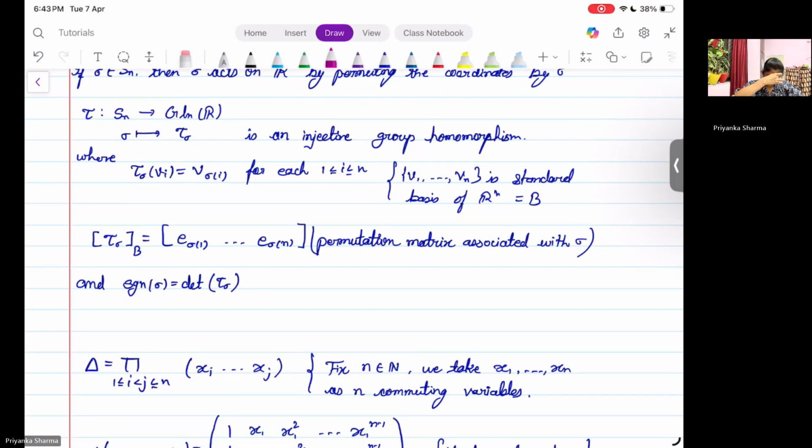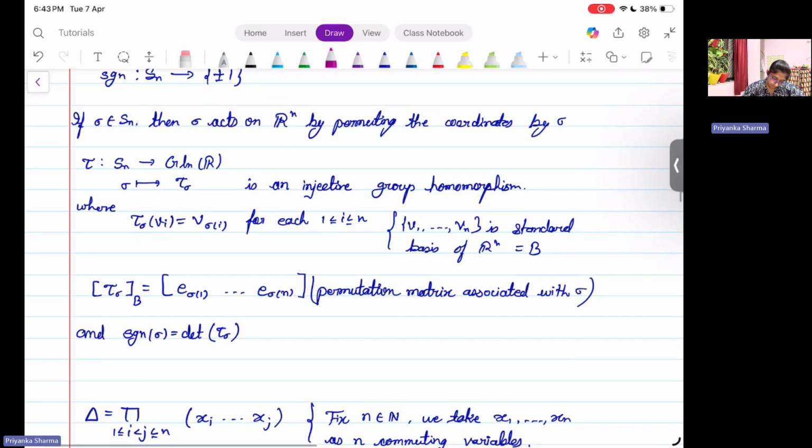And the sign of the permutation sigma will be the determinant of tau_sigma.